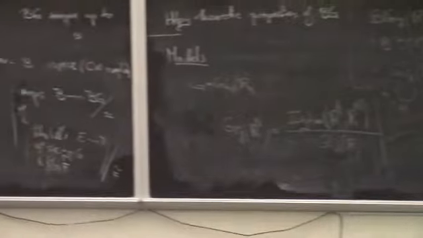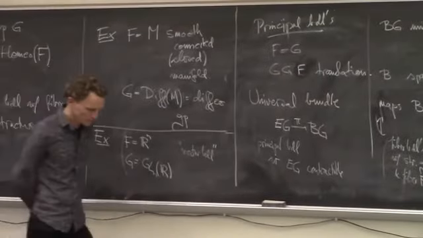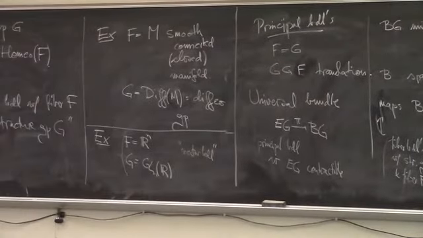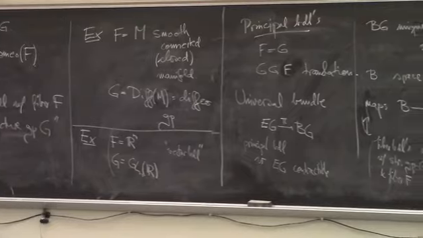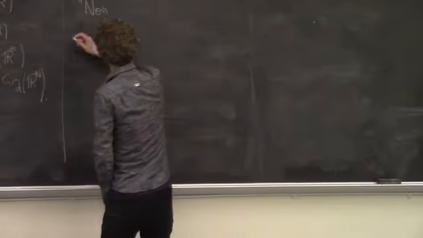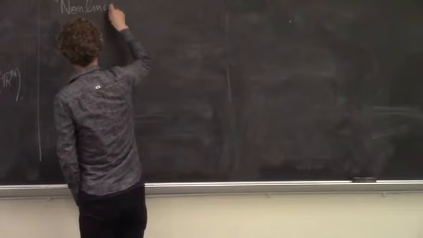So, what happens to that picture if you have these non-linear objects? Well, there's a space that's sometimes called the non-linear Grassmannian.